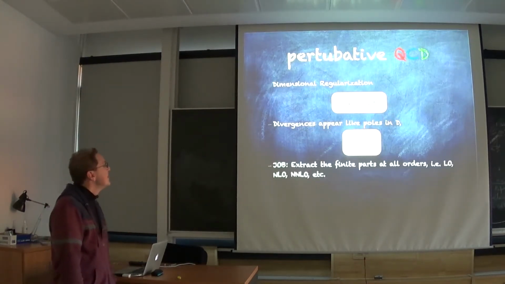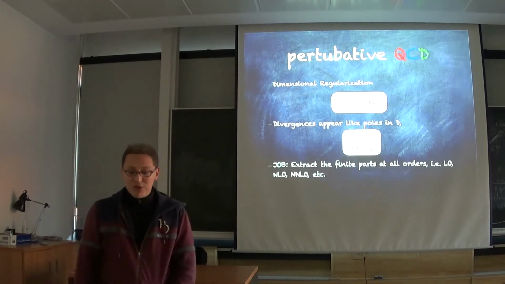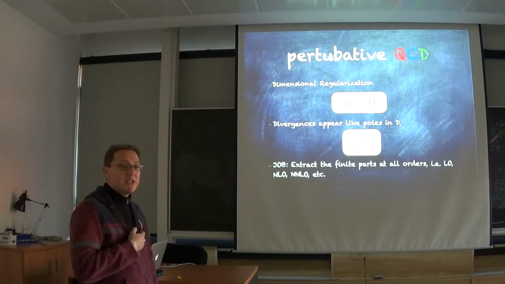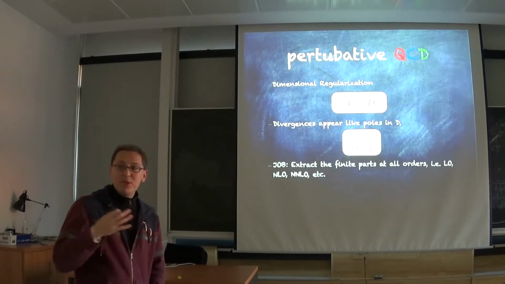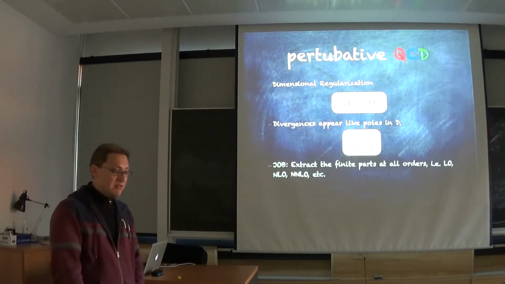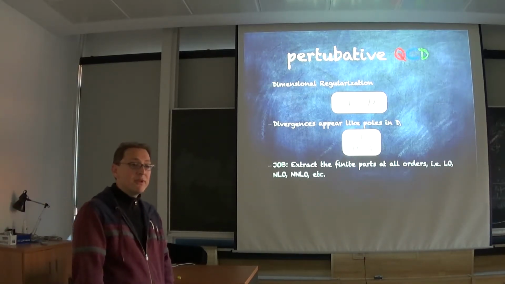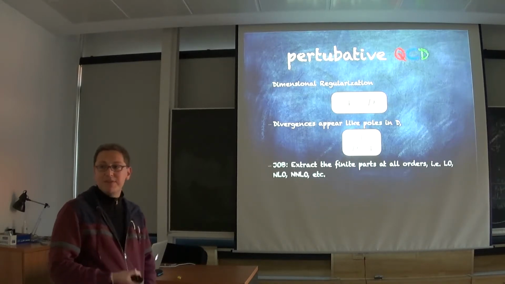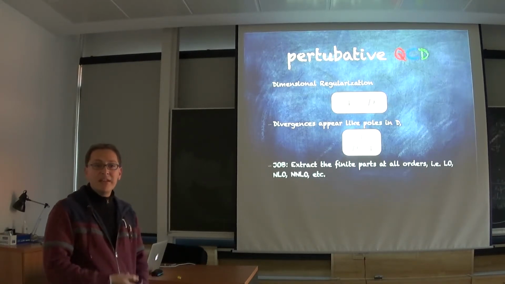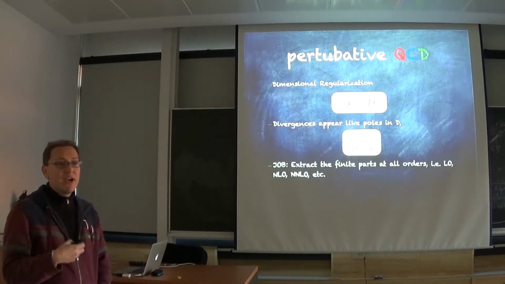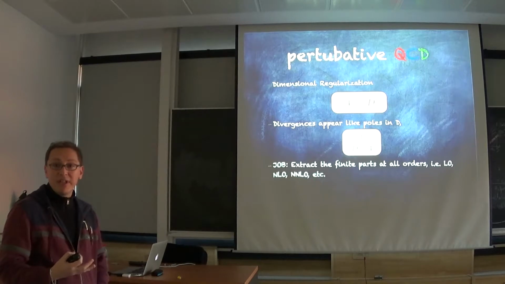It's not a problem. So the first thing that you have to know is that in perturbative QCD, we are going to use dimensional regularization. As maybe you already know from your lectures in quantum field theory, you work in a Minkowski space, 4-dimensional space, and the problem is that every time you have 4 dimensions, infinities appear everywhere in the calculation.